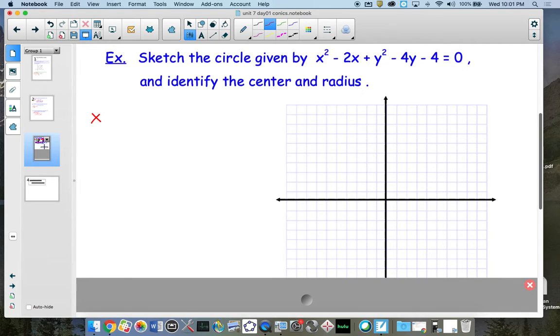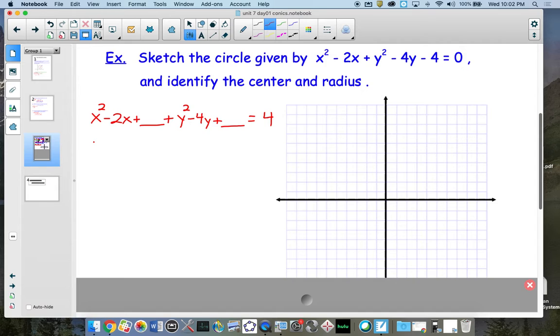We have x squared minus 2x, and then plus something, and then we have plus y squared minus 4y plus something else, and then that negative 4, I'm going to move that to the other side, and so I'm going to have positive 4 on the other side of the equal sign.